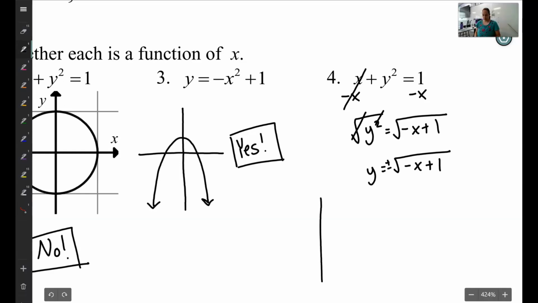So if we graph this, the positive square root is going to look like that. The negative square root is going to look like that. So together, we've got this sideways parabola, and we can very quickly see that is not going to pass the vertical line test.